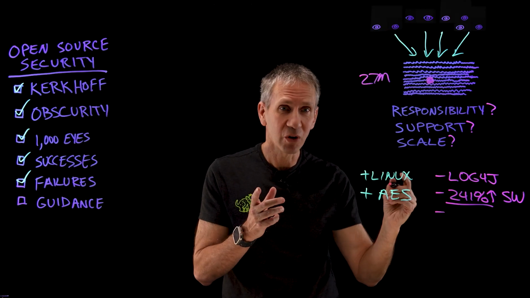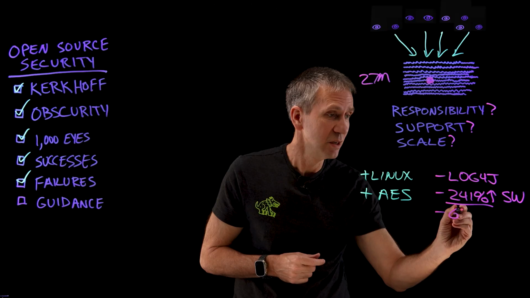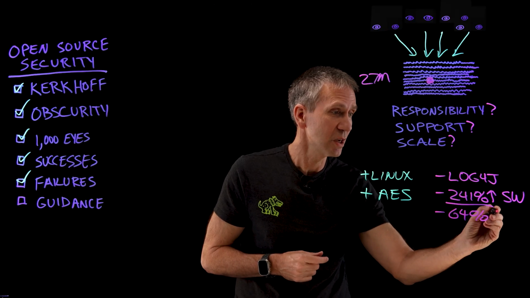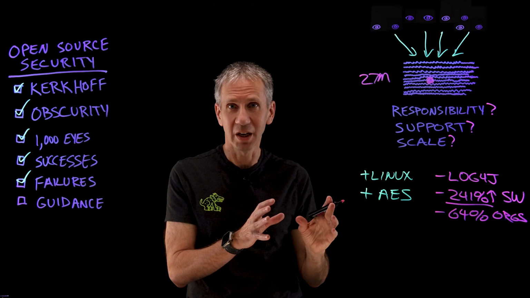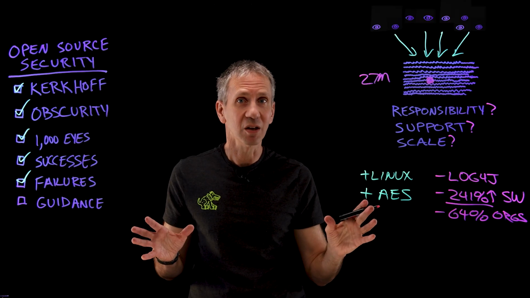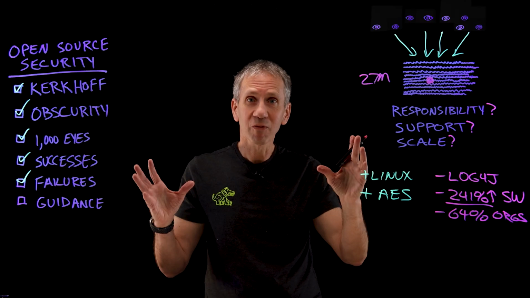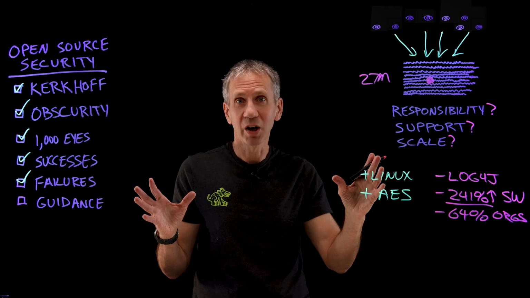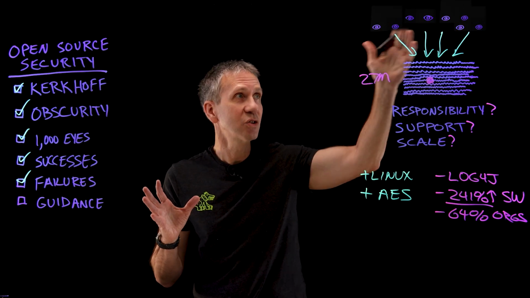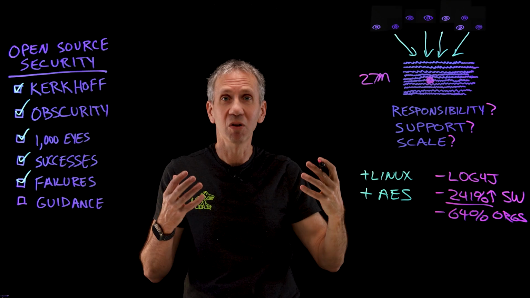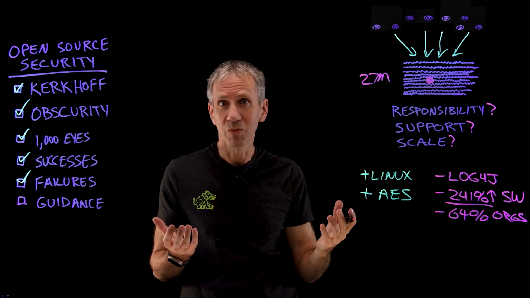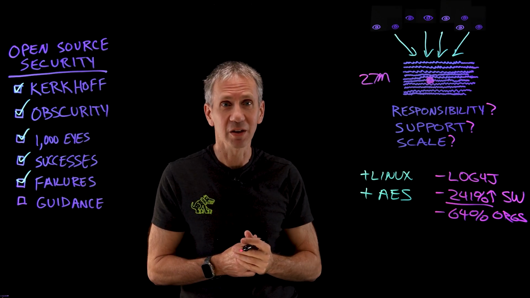And they went further on to say that it affected roughly 64% of organizations. So it's not like just a few people are getting hit by this. It's affecting lots and lots of people. So as software grows, as these open source projects grow, we need to grow our responsibility, our support, our skill level, and our ability to really analyze all of these things effectively.